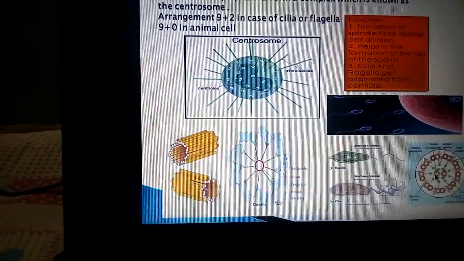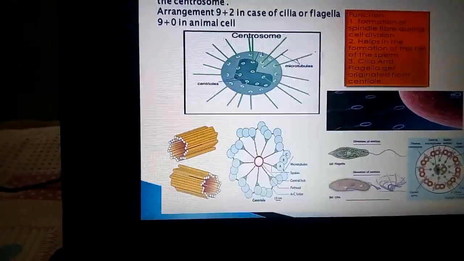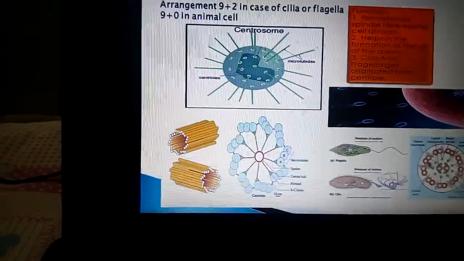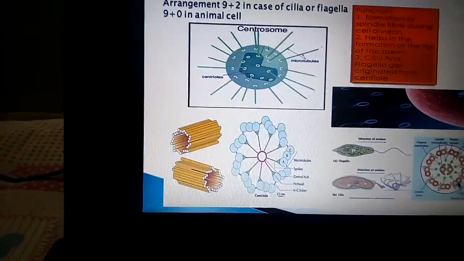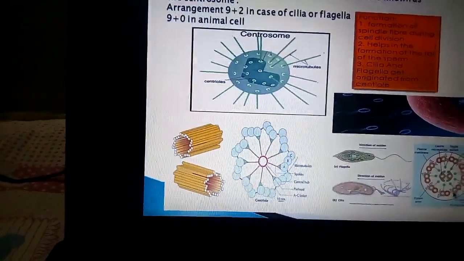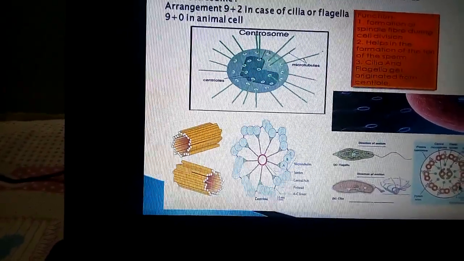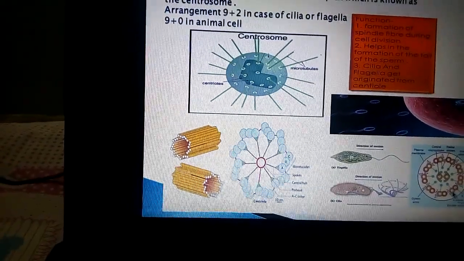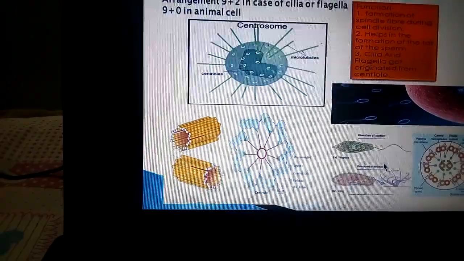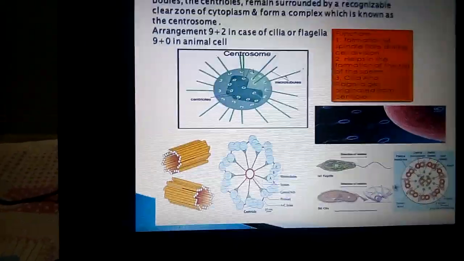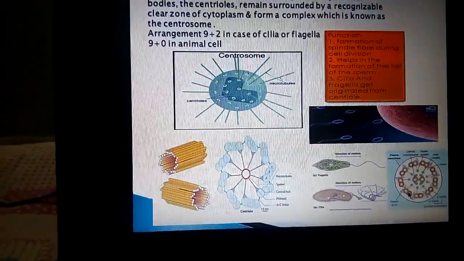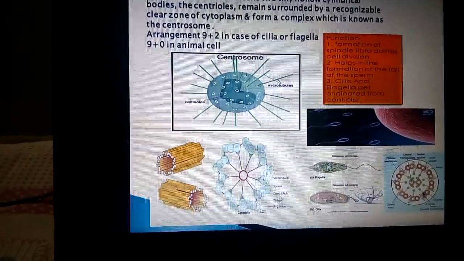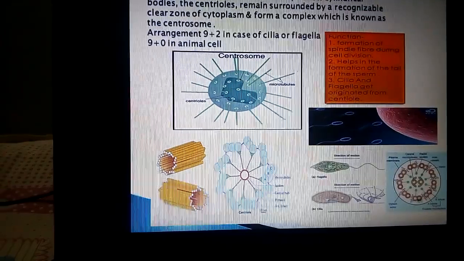The outer 9 microtubules are doublets. So these are the arrangements of microtubules in cilia and flagella.